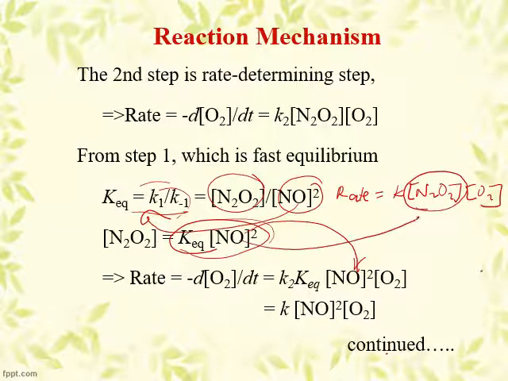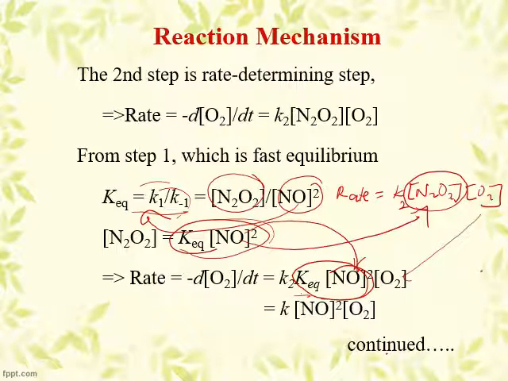So we end up getting k2, K equilibrium, NO squared, and then O2.